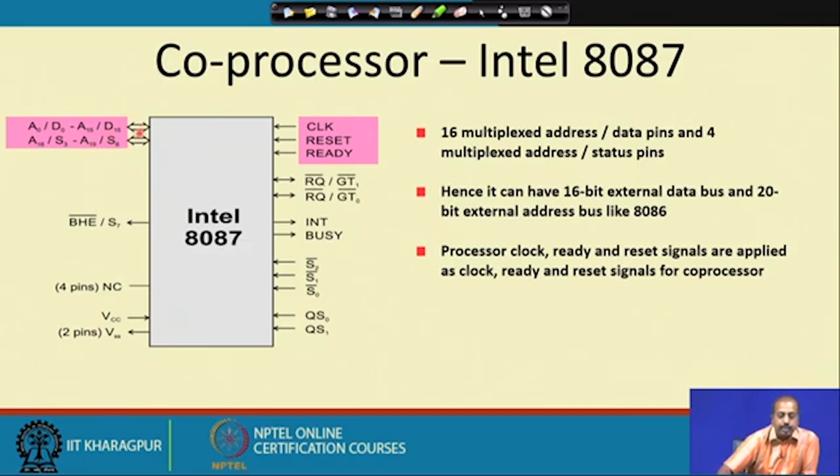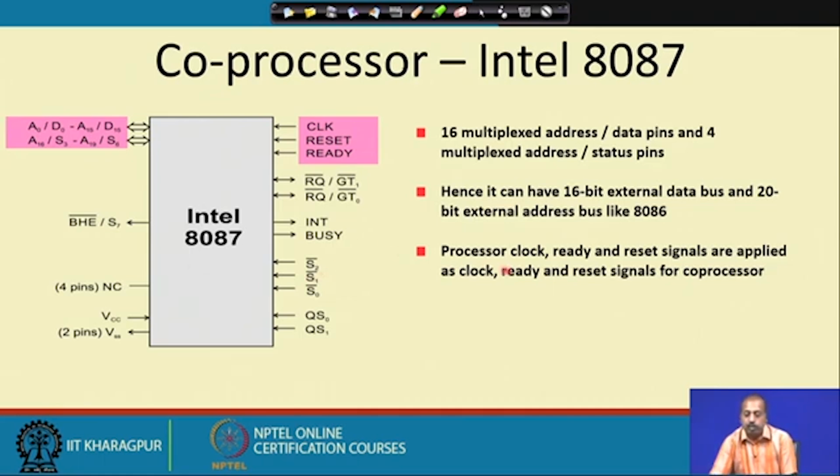This is exactly the same as the 8086 address bus structure, multiplexed with the data bus and the status lines. So, 16 multiplexed address data pins and 4 multiplexed address status pins. It can have a 16 bit external data bus and a 20 bit external address bus, just like 8086. That way it is going to be useful.